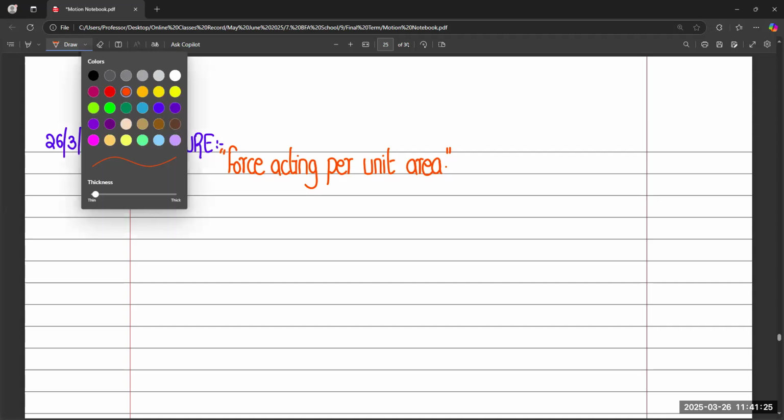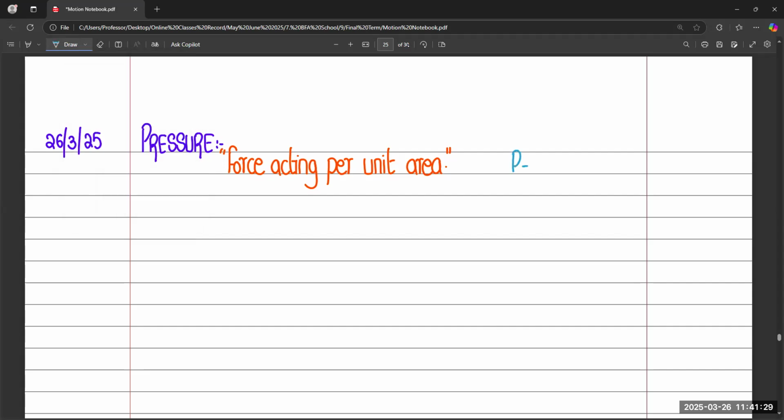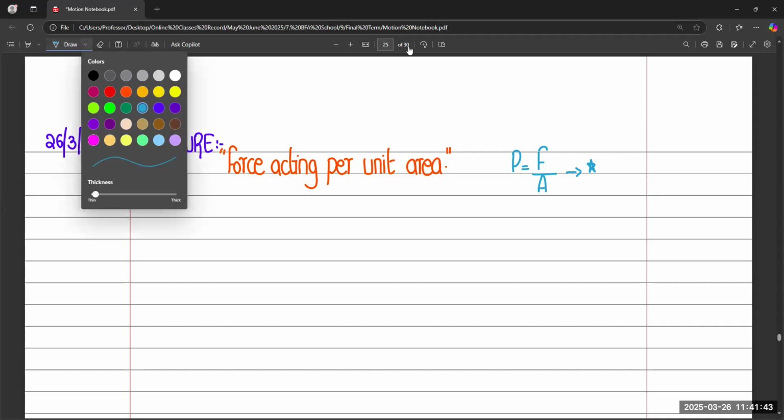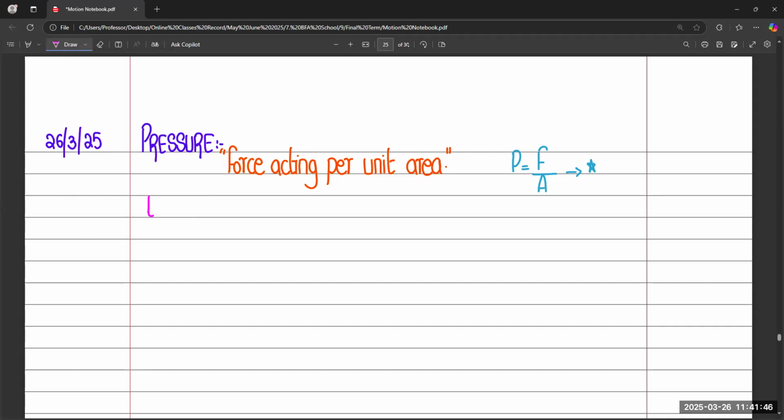And the formula for pressure P is equal to F upon A. This is the formula for pressure. And the SI unit of pressure, according to the formula, will be Newton per meter square.